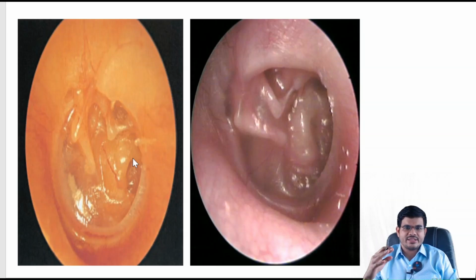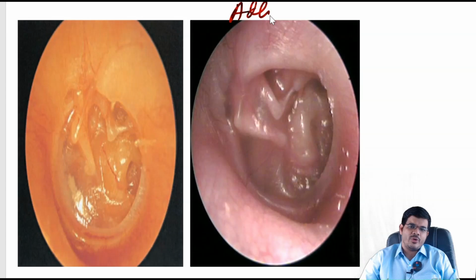In atelectasis, it is temporarily touching the promontory, it can be brought back. Whereas in the case of adhesive otitis media, it is completely plastered onto the promontory, as you can see in the figure. In this figure, this is the adhesive otitis media, this is the atelectatic otitis media.